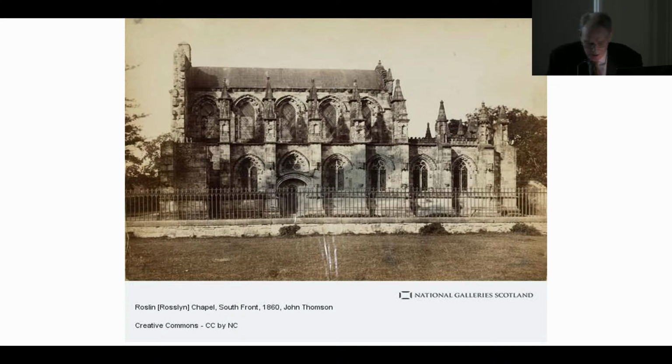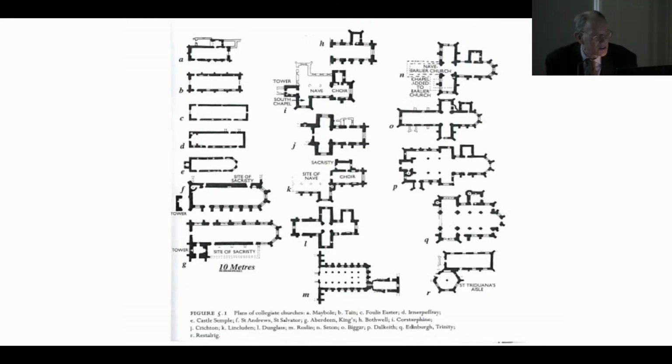The plan of Roslin is uniquely elaborate among late medieval Scottish, or arguably indeed just about any collegiate churches. It's at the bottom of the middle row of Richard Fawcett's collected series of plans of Scottish medieval colleges. So it's the one lettered with a small M right at the middle of the bottom of the middle row.